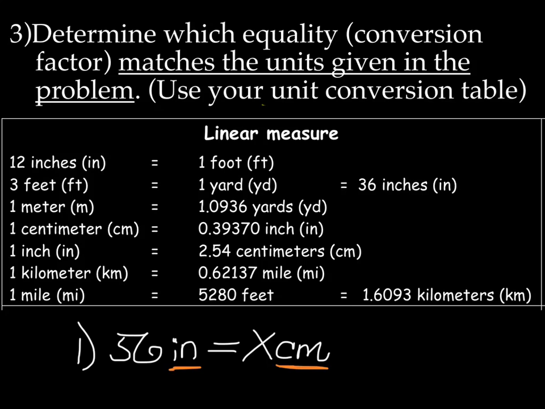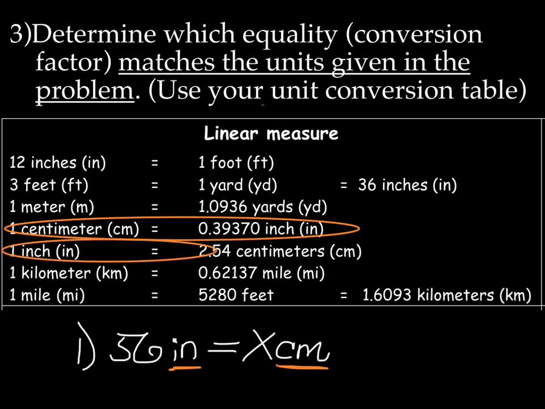And I see 2 different equalities that have the units centimeters and inches. I have 1 centimeter equals 0.39370 inches, and 1 inch equals 2.54 centimeters. Now, the truth is, we could use either one and get the right answer. Okay, I'm going to pick the bottom one, just because.